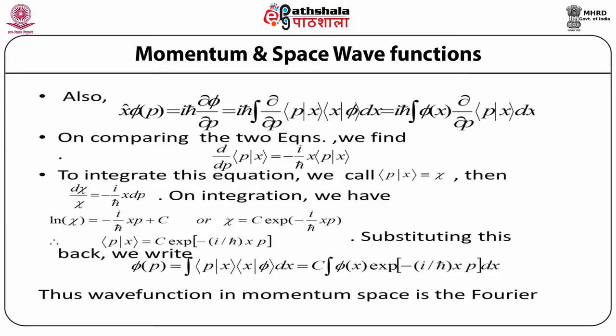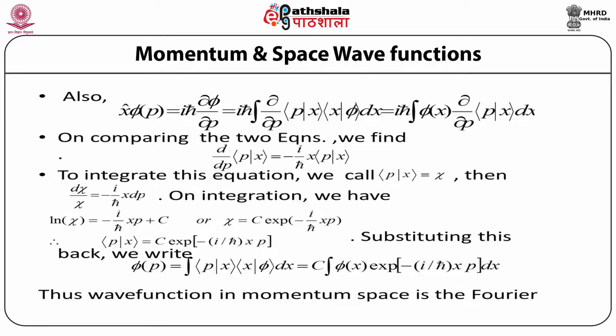Now, on comparing this equation with the previous equation, we find that d by dp of bra vector p ket vector x is equal to minus i by h cross x times bra vector p ket vector x. Now, if we want to integrate this equation, we can call bra vector p ket vector x some xi, then d xi by xi is equal to minus i by h cross x dp.